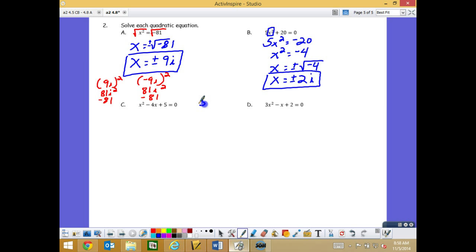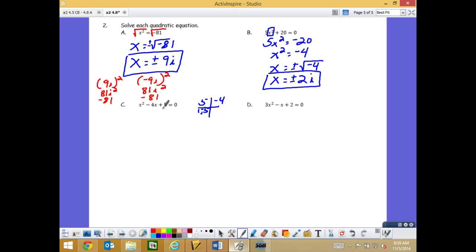If we look at that for just a quick second, the only integer factors of 5 are 1 and 5, and the only way to manipulate these to get negative 4 is to make the 5 negative and keep the 1 positive. But now when we multiply these, we get negative 5, not positive 5. So this quadratic expression is not factorable.